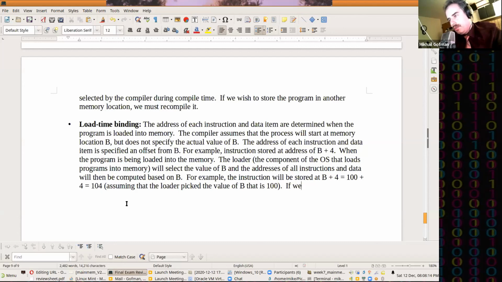So if we wish to store the program in a different memory location, we must reload it.